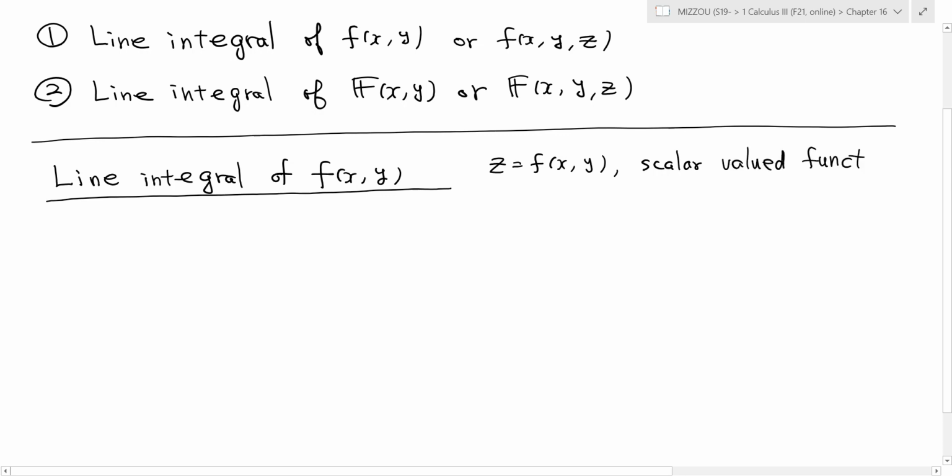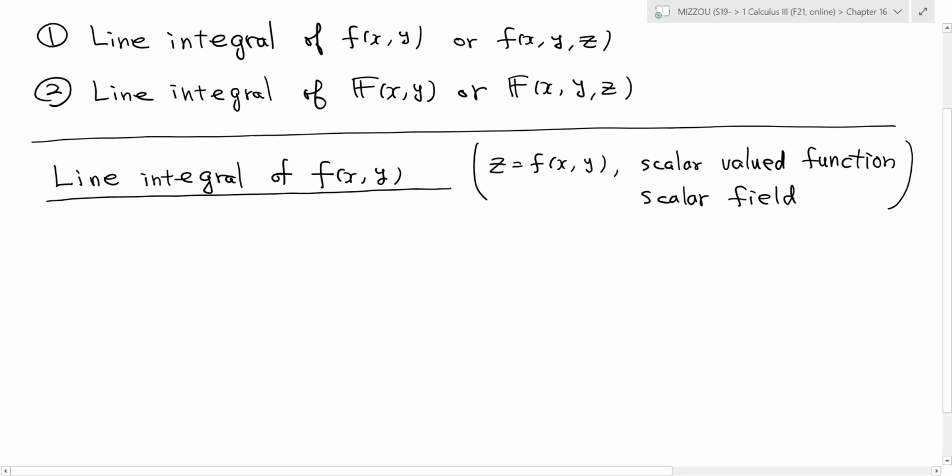Namely, the value of the function is scalar. Or sometimes scalar valued function is called scalar field as opposed to vector field. Anyway, it's just a terminology.